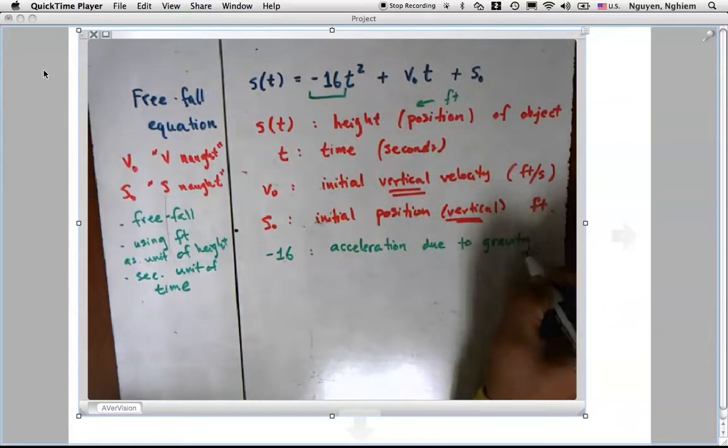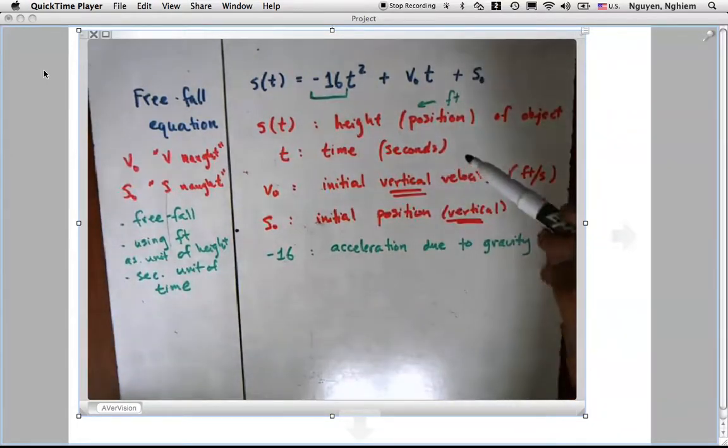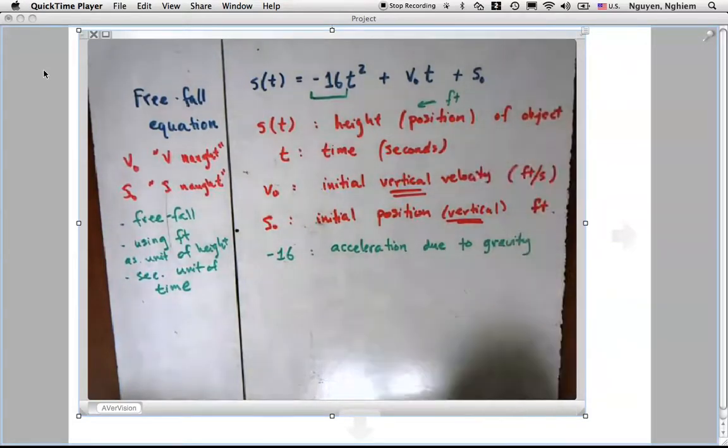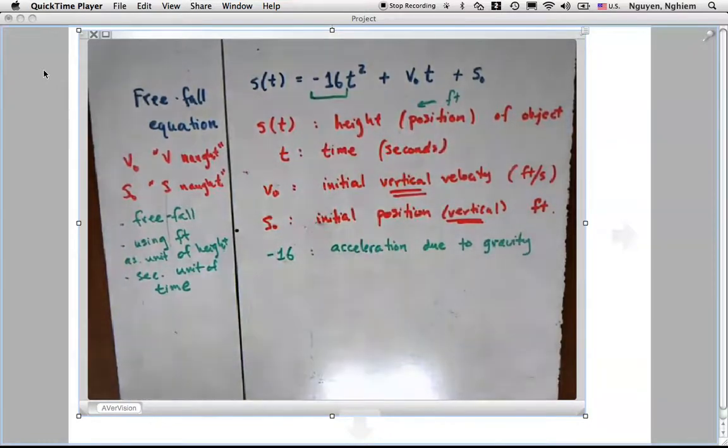As soon as an object gets launched into the air, there is a force acting on it, the force of gravity, that's always pulling it down at this rate. And so that hopefully gives you a better understanding of this equation.